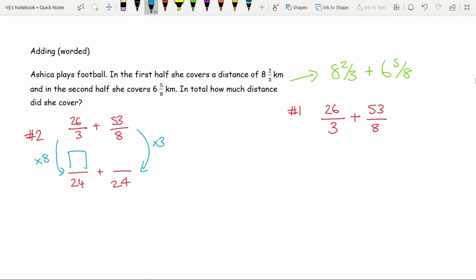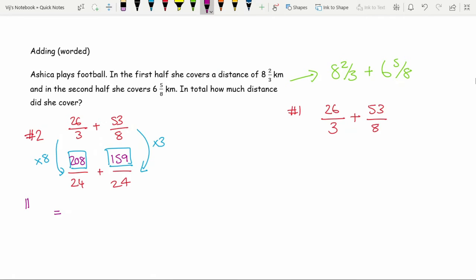So that's what I need to do to get the new numerators. So if I do 26 times 8, I get an answer of 208. And if I do 53 times 3, I get an answer of 159.